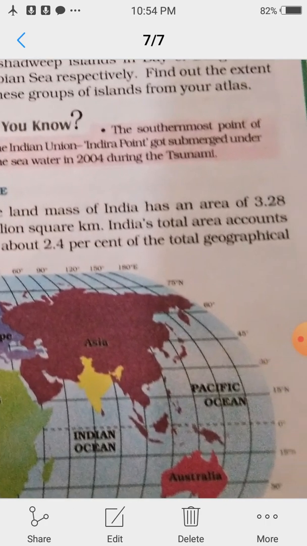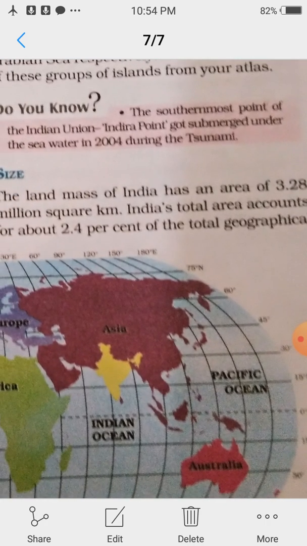Then come to the size. The land mass of India has an area of 3.28 million square kilometers. This is the land mass area of India.